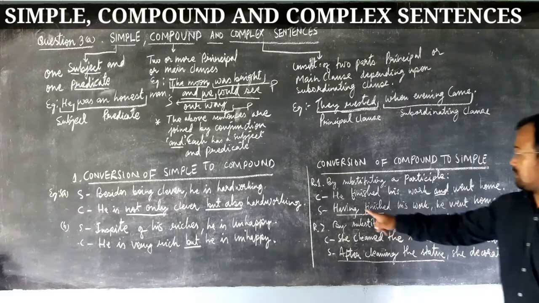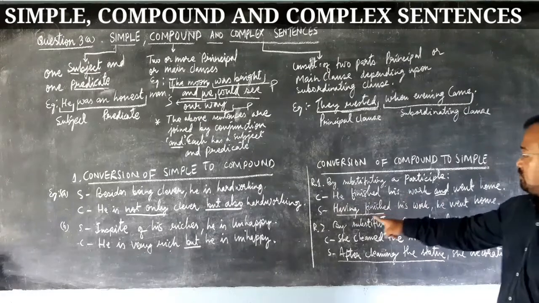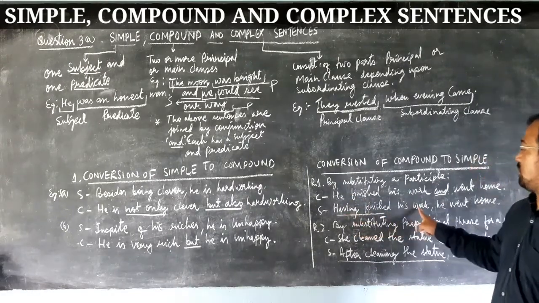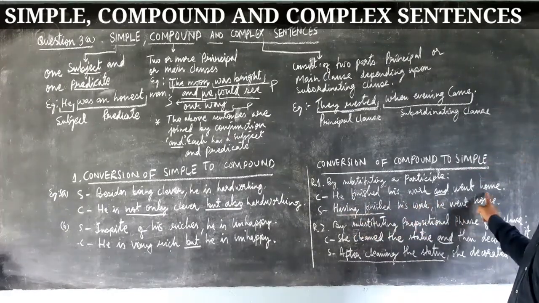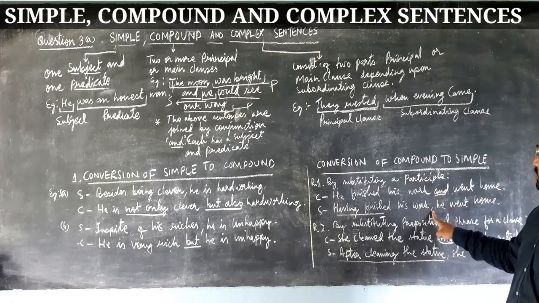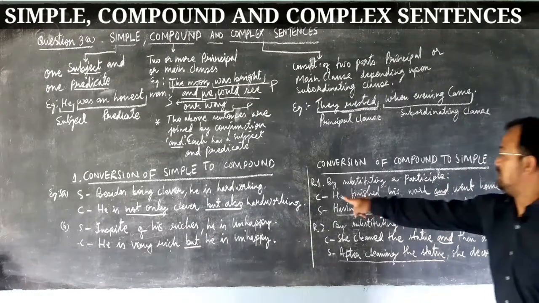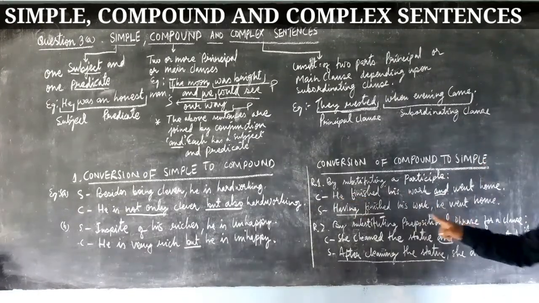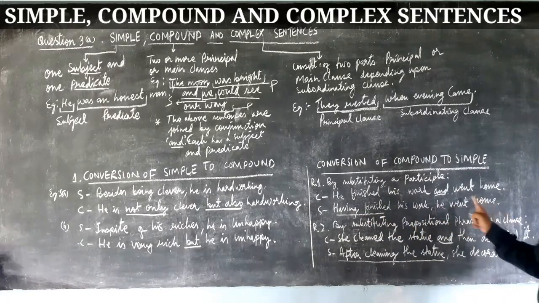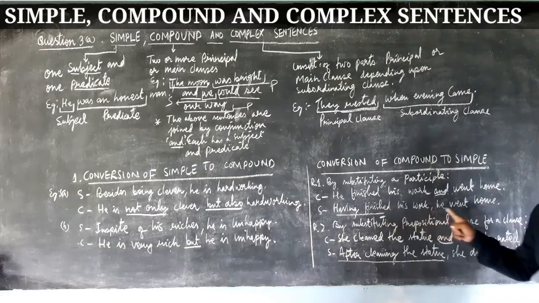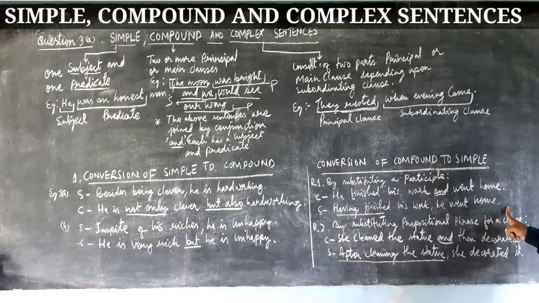Okay, so instead of he finished his work, what you will put, having finished his work. The sentences are same, and instead of and you are just putting comma, he has come here. Alright, having finished his work he went home. So in that way you can substitute participle and you can write a sentence in a correct way.